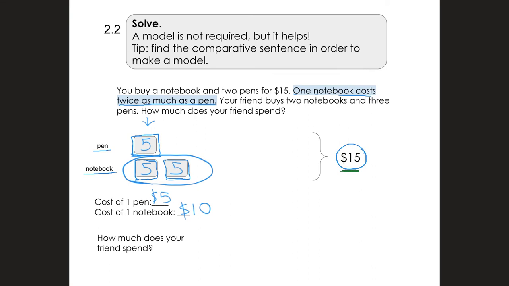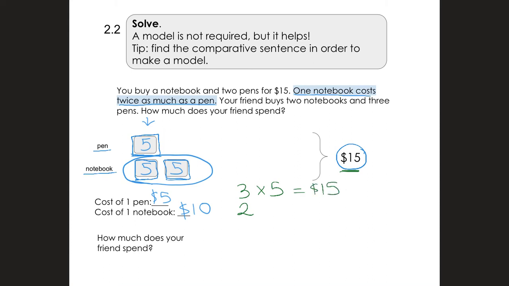My friend bought 2 notebooks and 3 pens. So I just wrote the number right next to where it says pens. I know 1 pen is $5, but they bought 3 of them. I could say 5 plus 5 plus 5, or I could say 3 pens times $5 each pen equals $15 just for the pens.